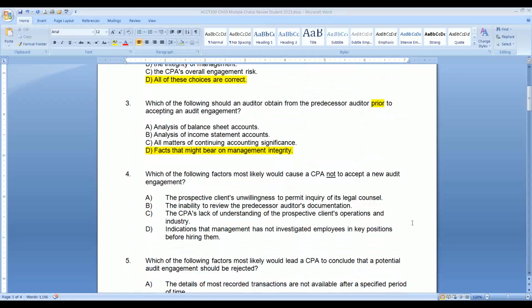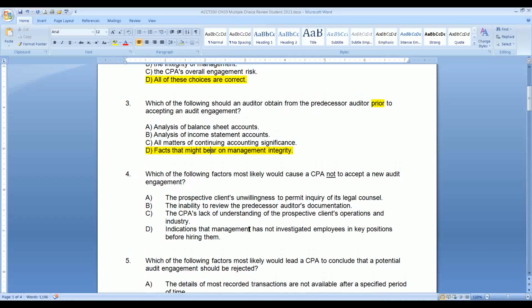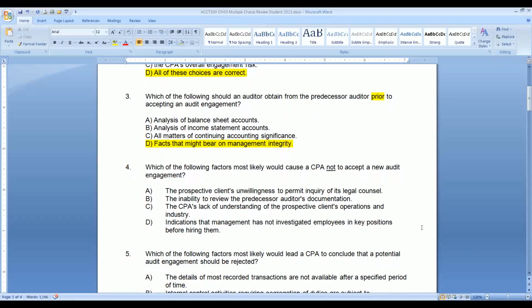Okay, which of the factors would cause a CPA not to accept a new audit client? For that question, you had D and D for your answers, though. But I did that in another class too. I gotta go back. You know what? I'm gonna write that down right now because I gotta fix this class.